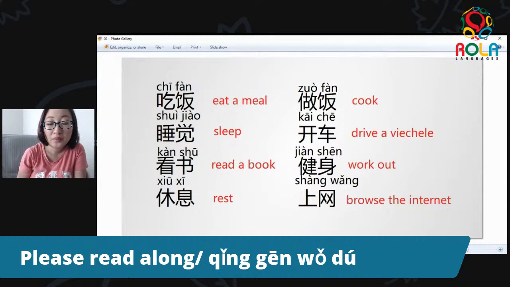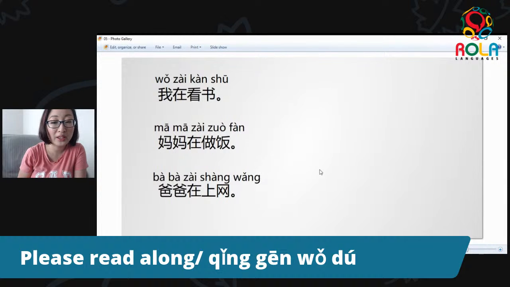And now let's look at some examples. The first sentence, 我在看书. We use 在 and paired directly with a verb. Next one, 妈妈在做饭.